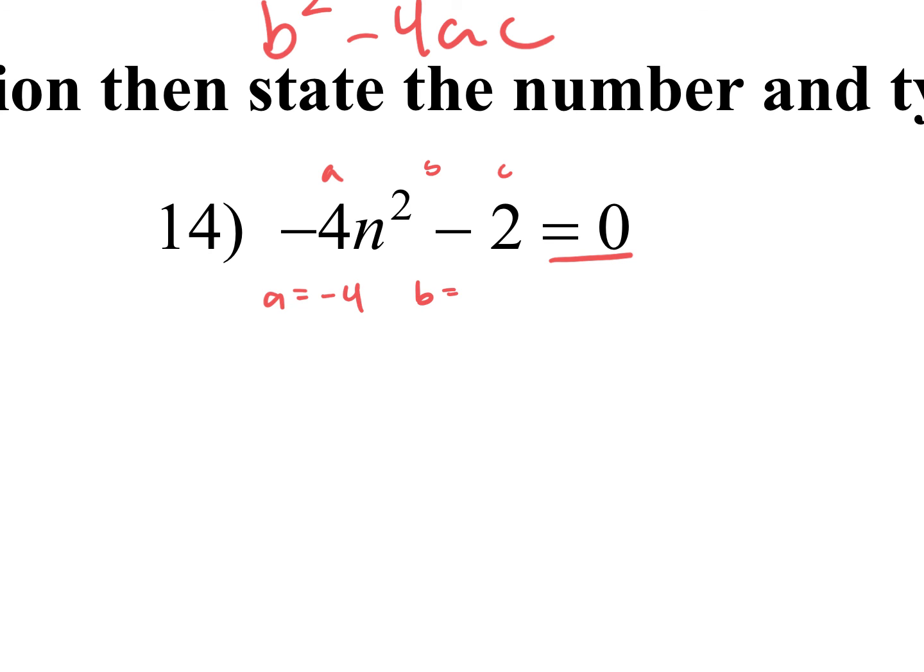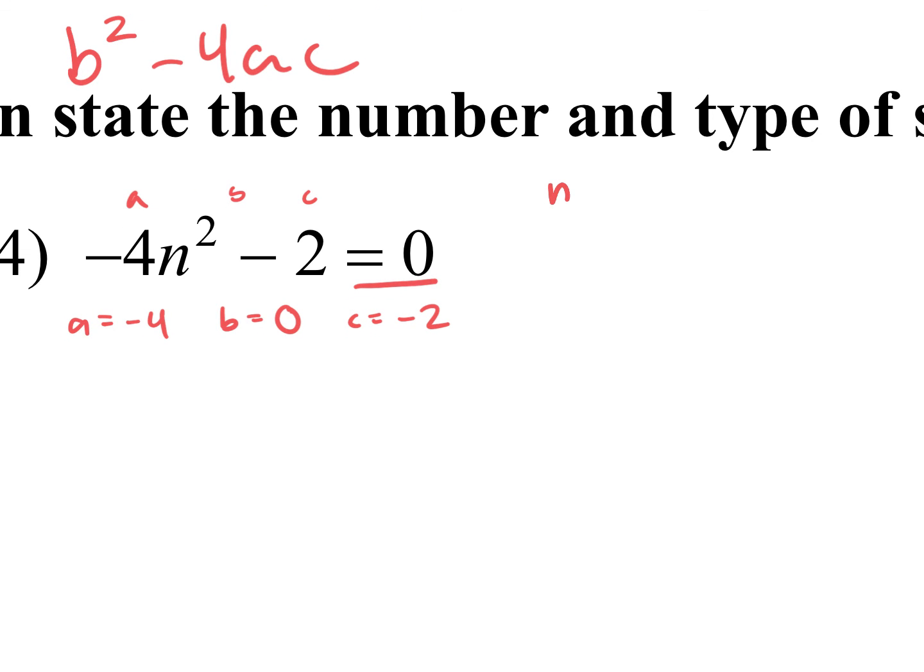What's B? 0. And what's C? -2. So remember, it would be a n squared plus b n plus c. So whatever is in front of just the n is our b, but we don't have just an n here, so that's why b is 0.